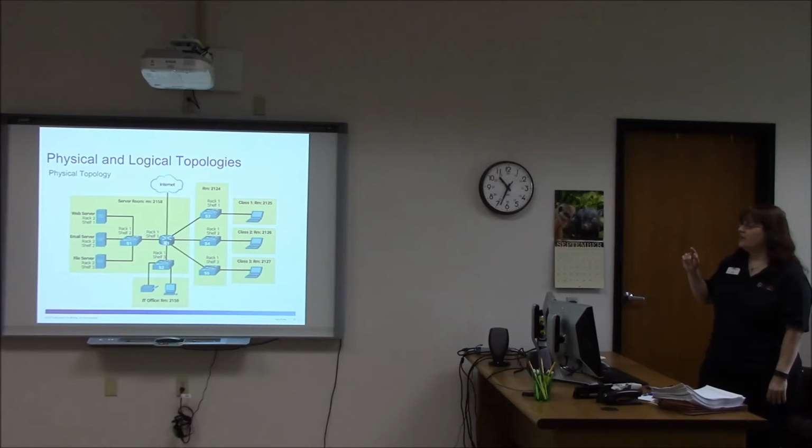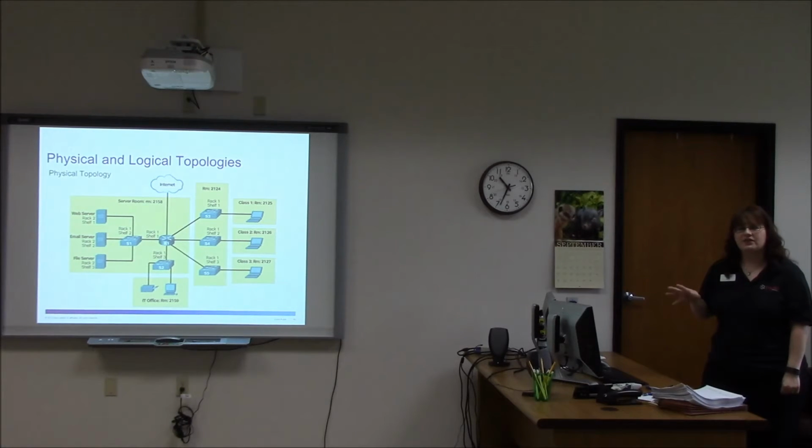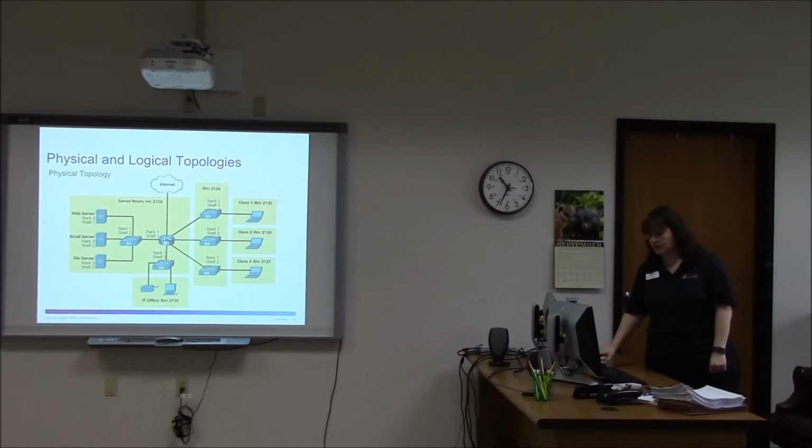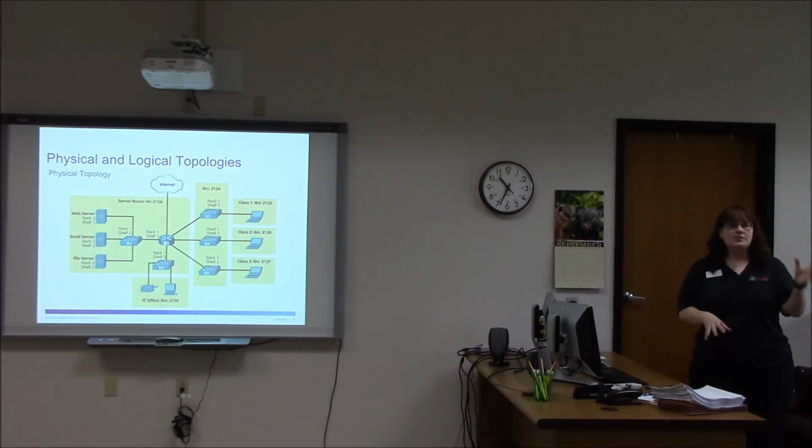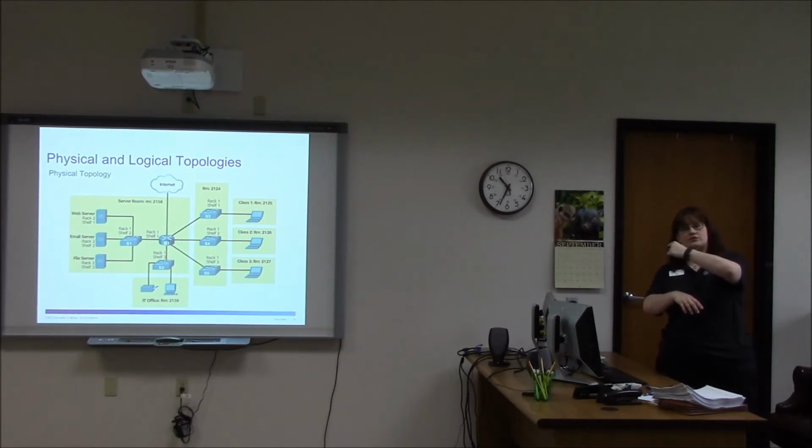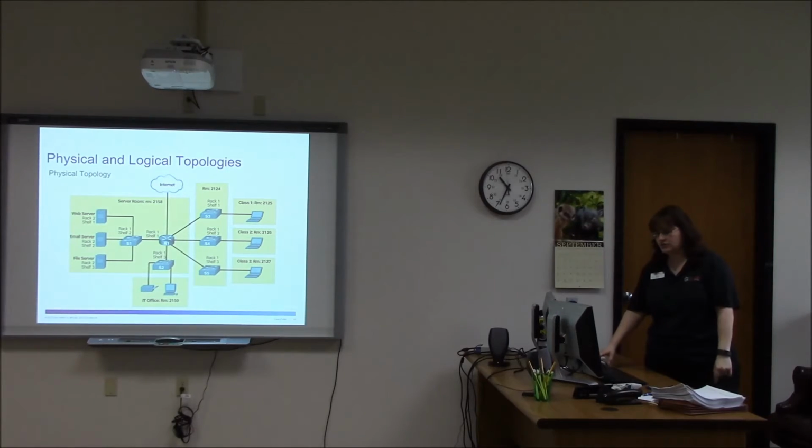So these are physical connections. You can see they're kind of divided up by room. We've seen a graphic like this before in this class. So that is a physical topology. So at TSTC, the physical topology is how the computers are placed in the rooms. Generally, there's a switch in the room that all of them connect to, and then that switch connects to the infrastructure. So that's our physical topology.